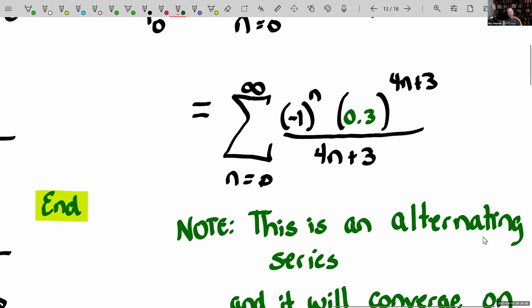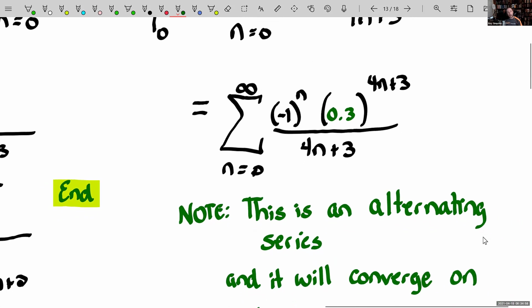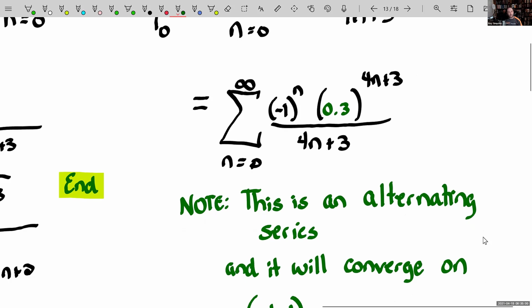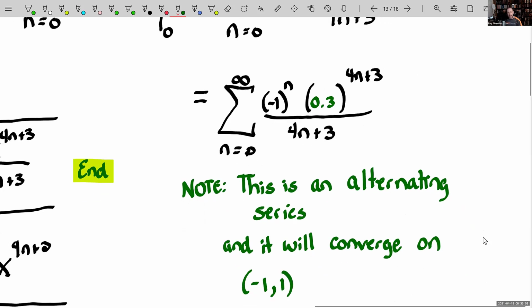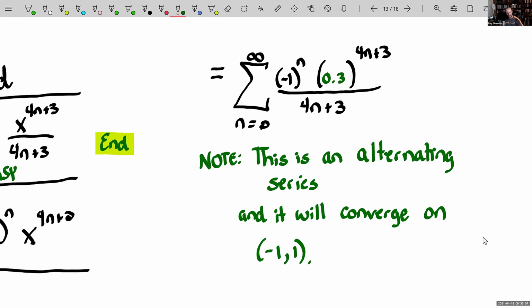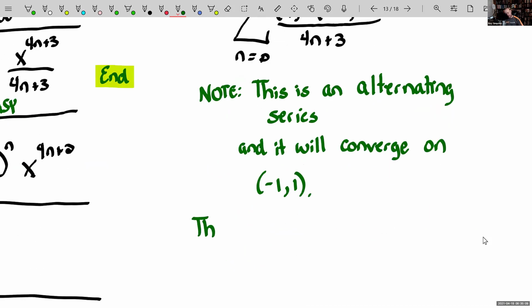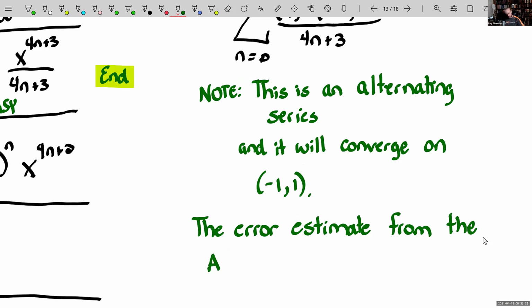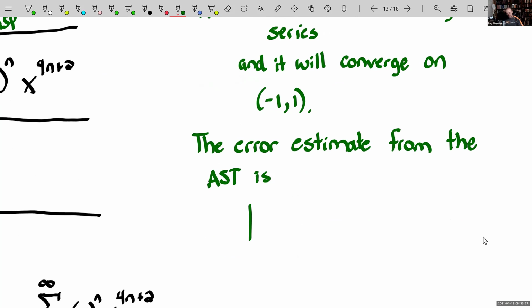To find that value exactly might be impossible, but to estimate that value, we can use the error estimate for the alternating series test. The error estimate from the alternating series test is, it shouldn't be the absolute value.